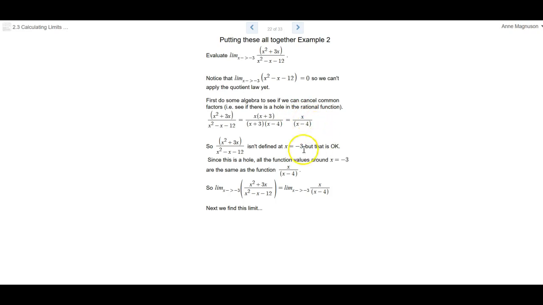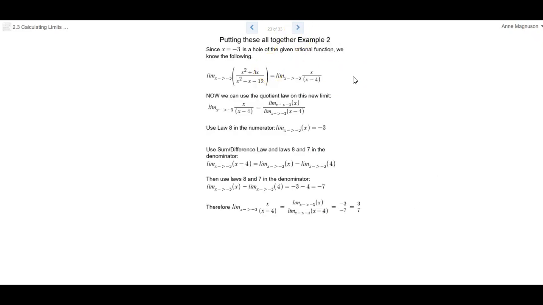So the values of this function all around x equals minus 3 are the same as the values of this function around x equals minus 3, right? x equals minus 3 is a hole here, but all the other function values are the same between these two. So that means I can find the limit of this simplified function, and it's going to equal the limit of this original rational function. So let's look at that limit.